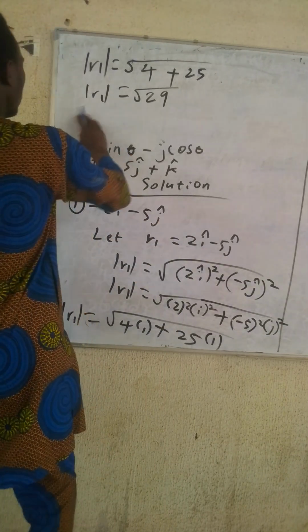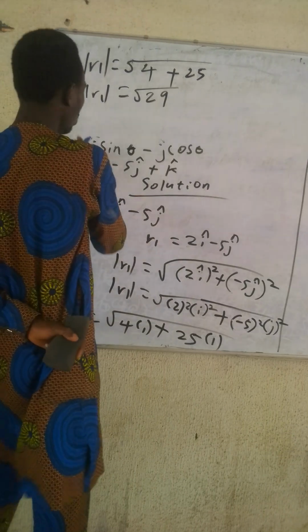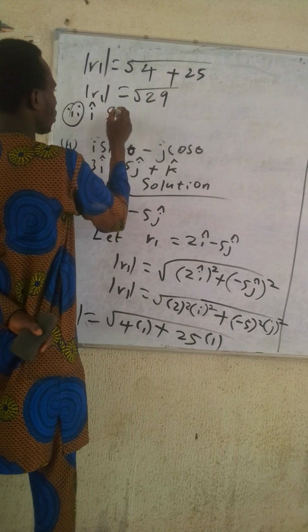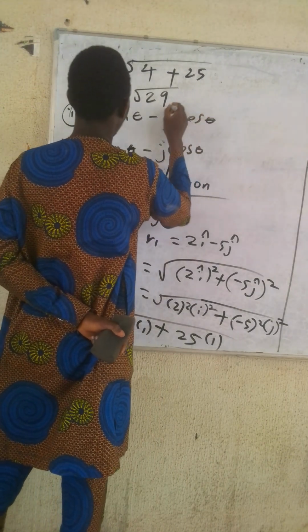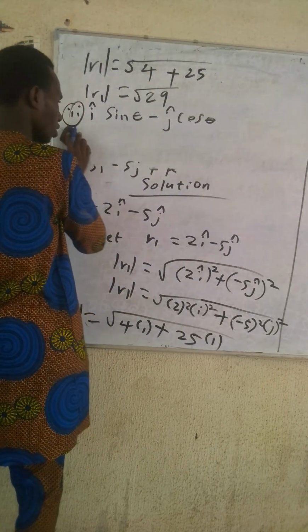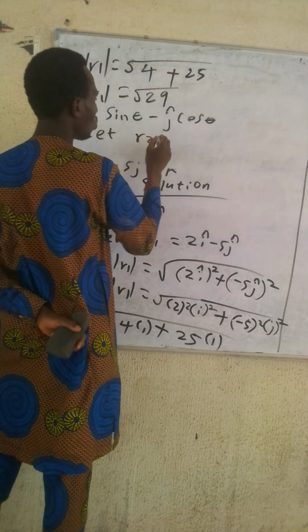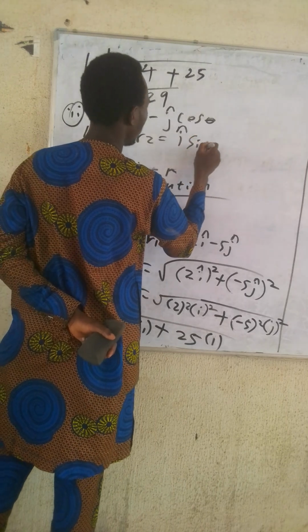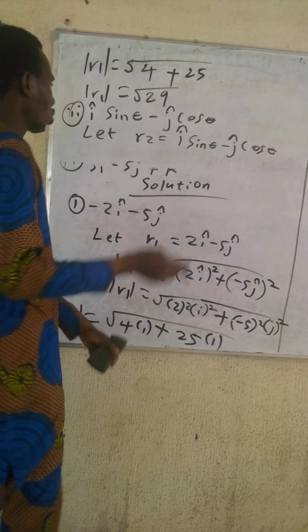Numeral 2 is this vector, right? So let R2 equal this vector.